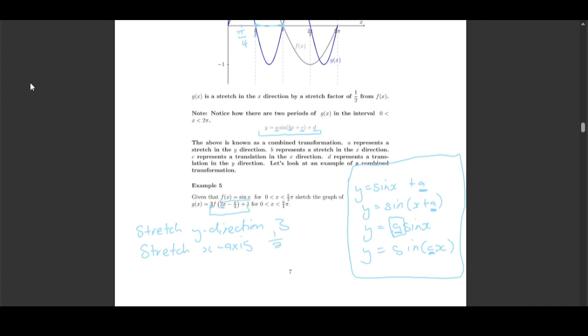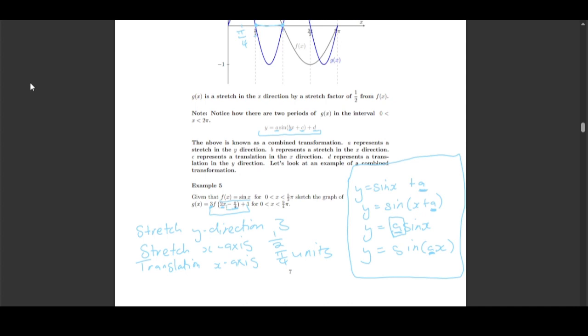And then this negative pi over 4, that's a translation in the x direction by pi over 4 units. Remember that we take the opposite sign again for the x.